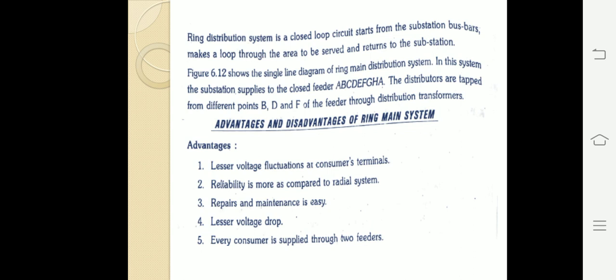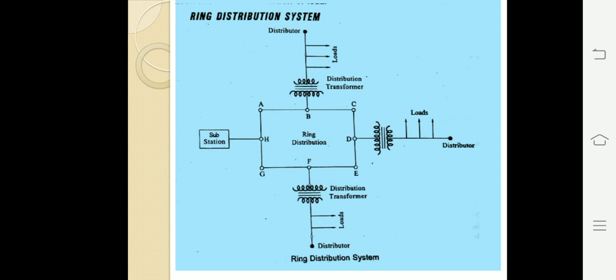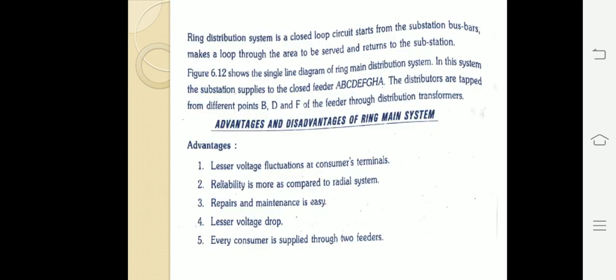The figure shows the single line diagram of a ring main distribution system. In this system, the substation supplies the closed feeder A, B, C, D, E, F, G, H, A. The distributors are tapped from different points, and they are fed through distributor transformers.